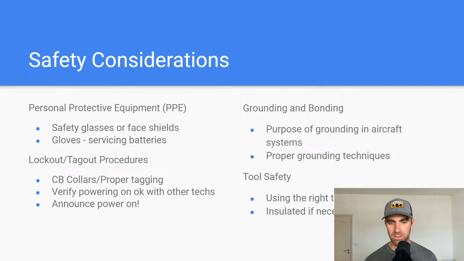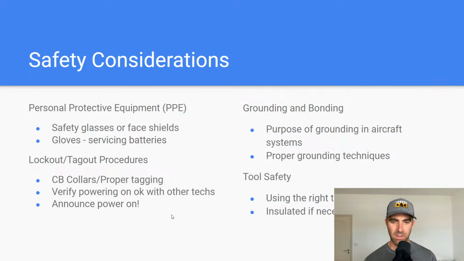Before you actually turn power on, you want to announce, hey, everyone working on Alpha Bravo Charlie 1 2 3, power coming on. You would just yell that out the door to give people a heads up that you're turning on power.